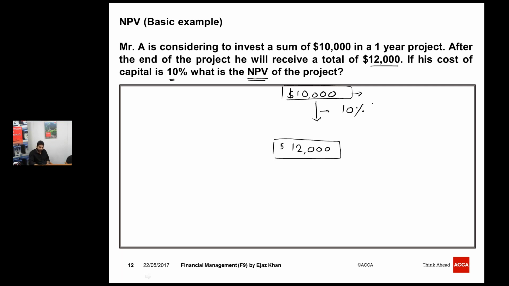Since Mr. A needs to generate a 10% return, he needs to invest an amount X and he needs 10% of this amount as his return, 0.1X.